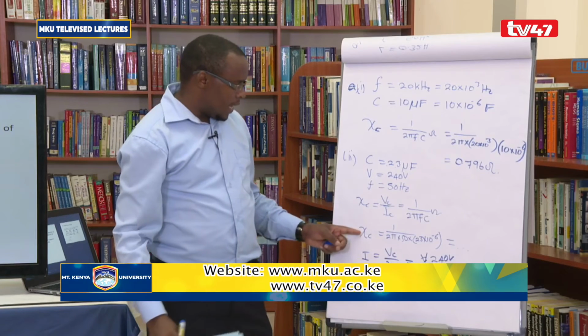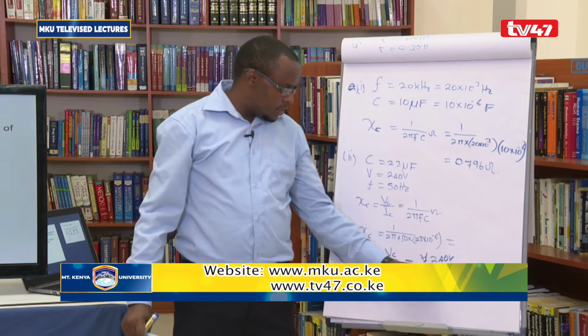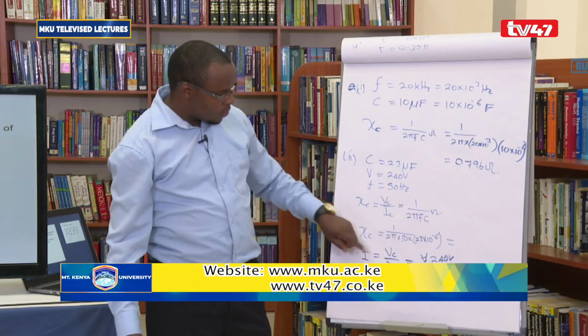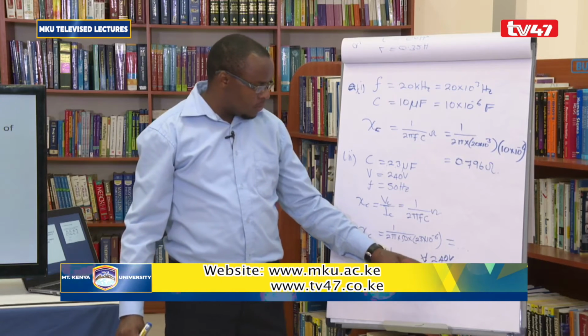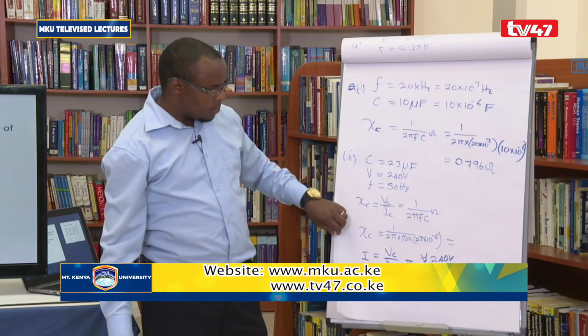So this is our XC, it is 1 over that, and 240 divided by that is like having 240 over 2 pi times 50 times all that.